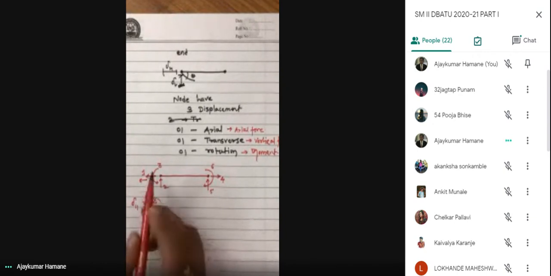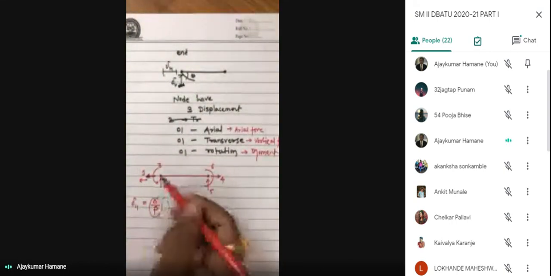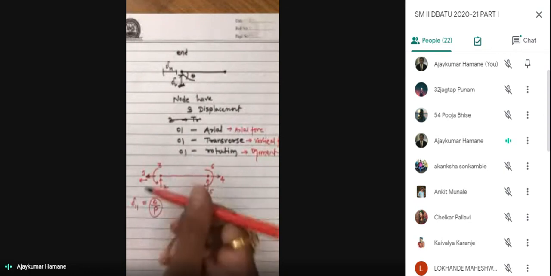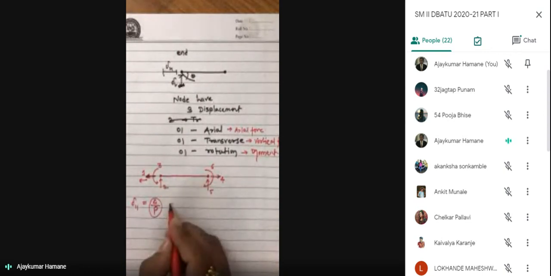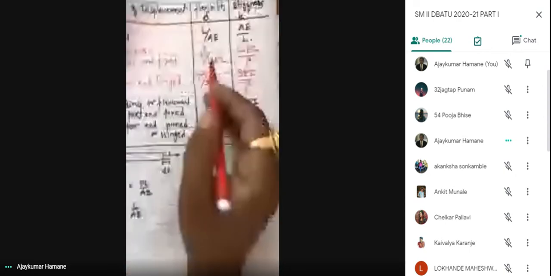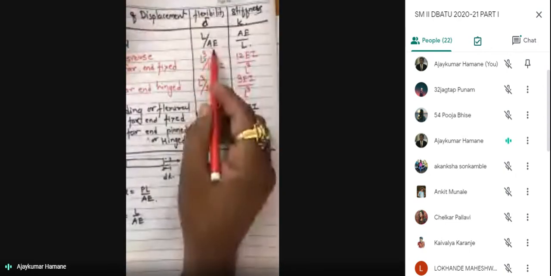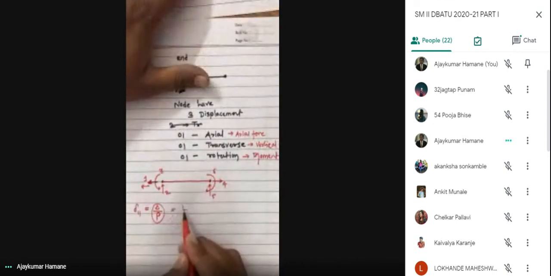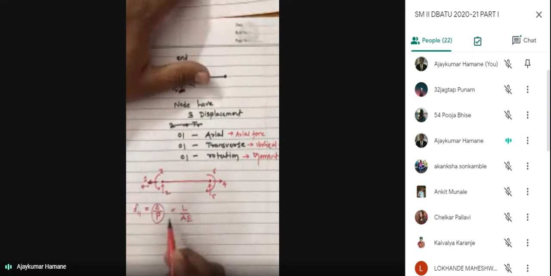So what is the displacement along 1 when we have unit axial force? Already we have L upon A. The arrow is along this direction, that's why positive.